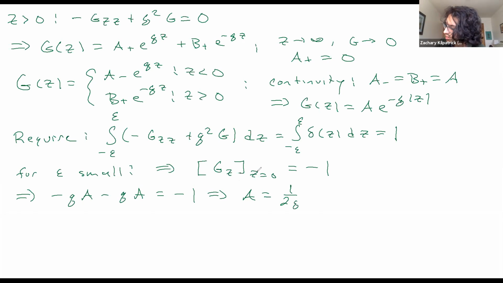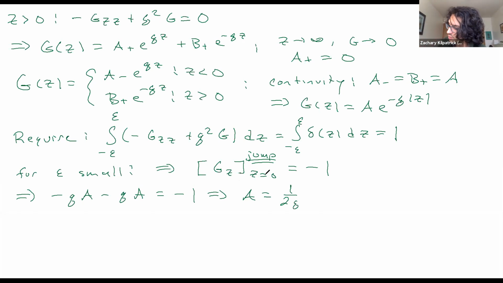So sorry, this here is not evaluating; this is like the jump. So what is essentially the jump in g sub z from just less than z equals 0 to just slightly more than z equals 0. Okay.